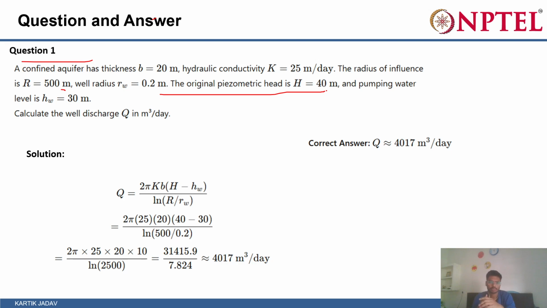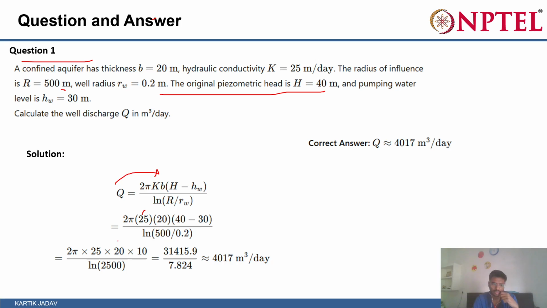Now, first of all, it is a confined aquifer. So for a confined aquifer, we know that the formula applicable is Q equals 2 pi K B times H minus Hw divided by ln R by r. K is given as 25 meter per day, B has 20 meter of thickness, H minus Hw is 40 minus 30, divided by ln of 500 divided by 0.2.